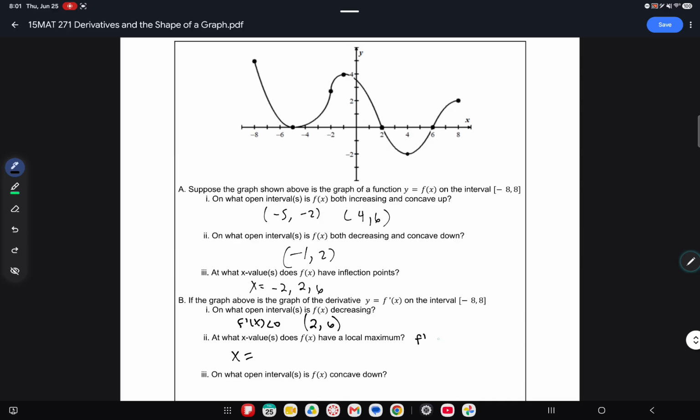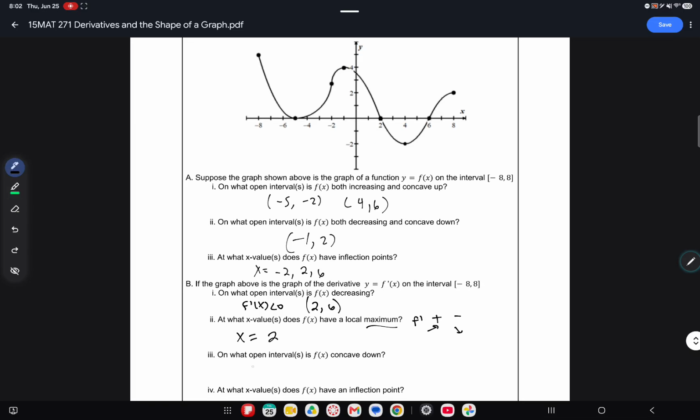This is where the first derivative is going to change from positive to negative. Oh, I said minimum, but that says maximum, so I actually need to switch that. So this is increasing to decreasing, so positive to negative. That's going to happen right there at 2. The derivative, sorry, is changing from positive to negative.